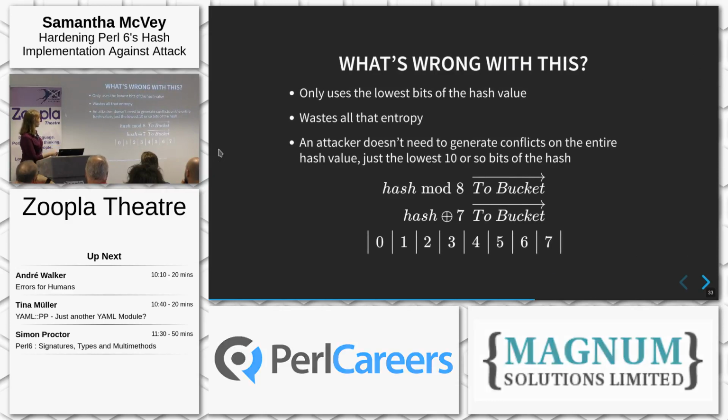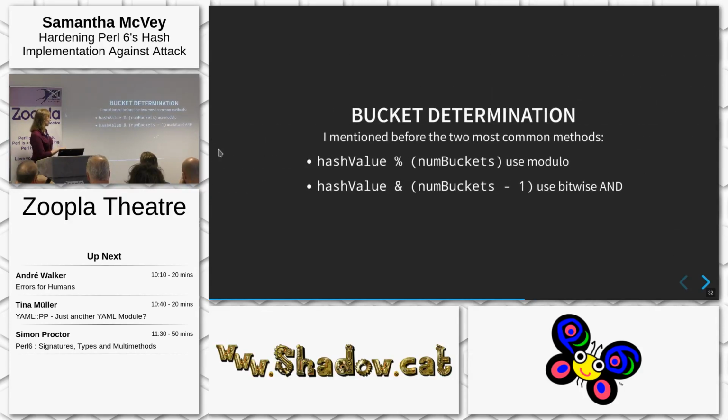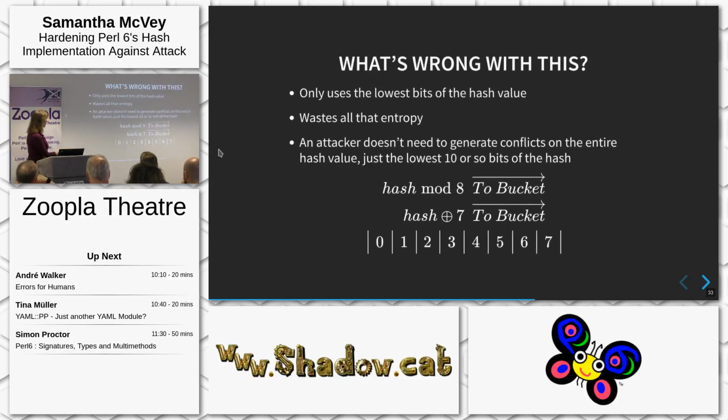But what's wrong with this? It only causes the lowest bits of the hash to actually be in effect. So if you have 8 buckets, then you're just going to have the last couple bits be active, because when you AND it, that's the only bits that are going to be ANDed essentially.